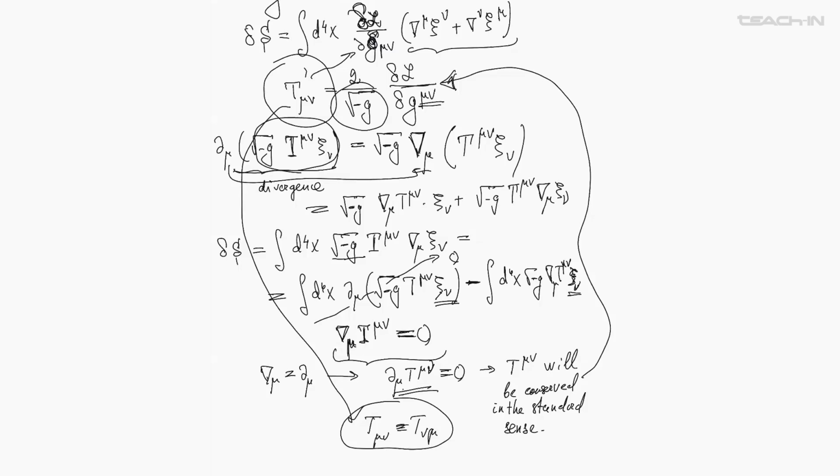So this would be the way to overcome finding the improvement term. If your tensor is not symmetric, you can go directly and couple your field to gravity in a diffeomorphism invariant way, and then you can derive from this construction the symmetric stress tensor.